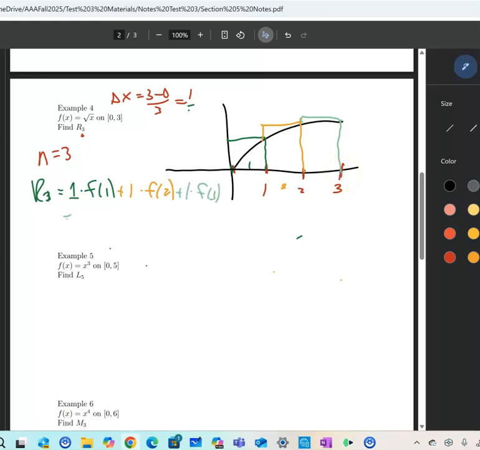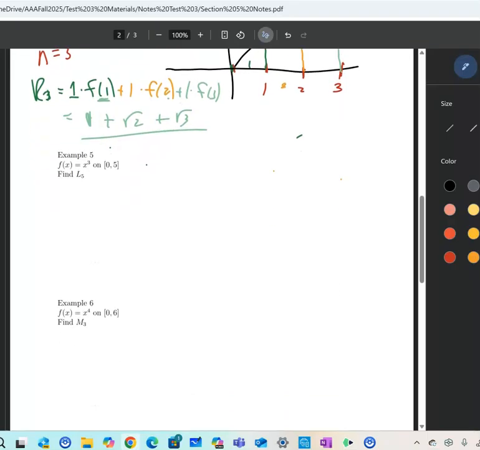I just want you to take one more step and show that you know this means plugging into the function. So I get root 1, which is 1, and then root 2, and then root 3. That's a fine answer.